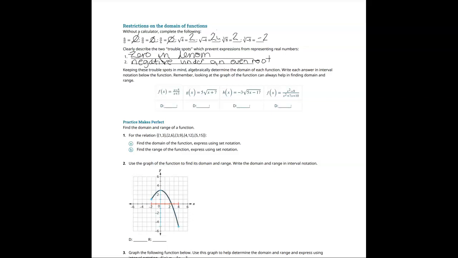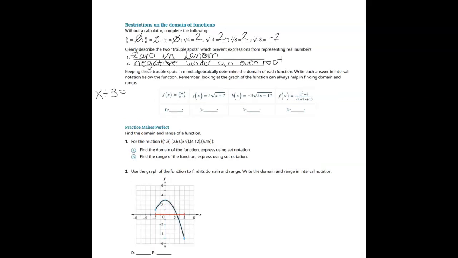Okay, so the first one here, this is a rational or a fraction, right? So we have x plus 3 in the denominator. When we have a fraction, the first thing we're going to do is take the denominator, set it not equal to 0, and solve. So I'm going to do this over here to this side. We're going to have x plus 3, and we set that not equal to 0.